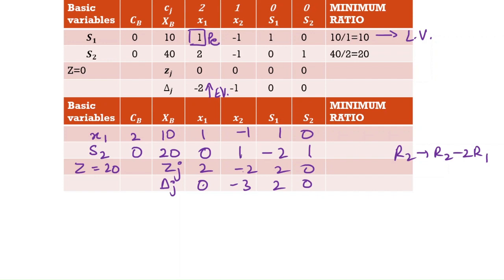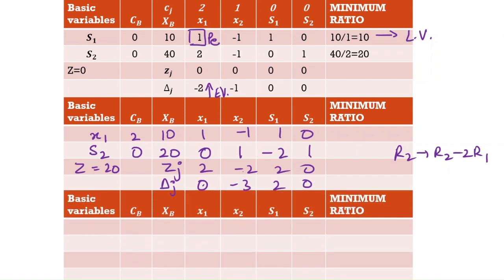So what we could see here, this would be the entering variable, and the leaving variable we have to decide. As this is negative, we will not be considering this. This would be 10 upon minus 1, that is minus 10, so I'll not consider this one. I'll be just considering this 20 upon 1, which is 20. So this would be my leaving variable.